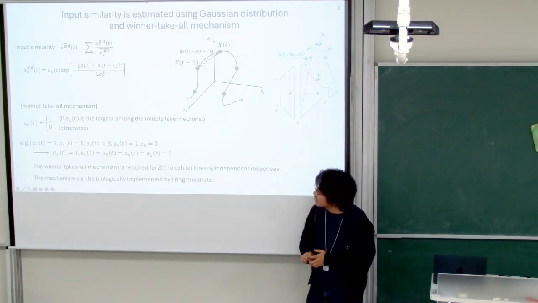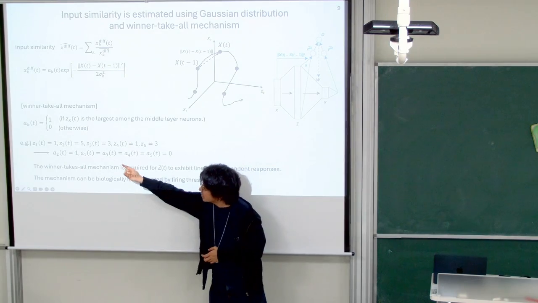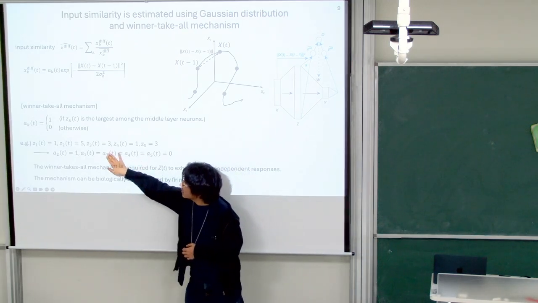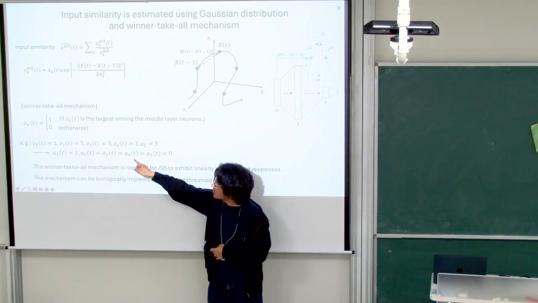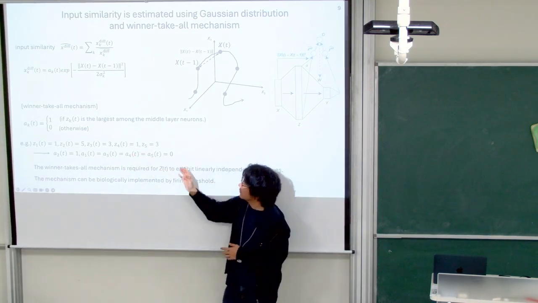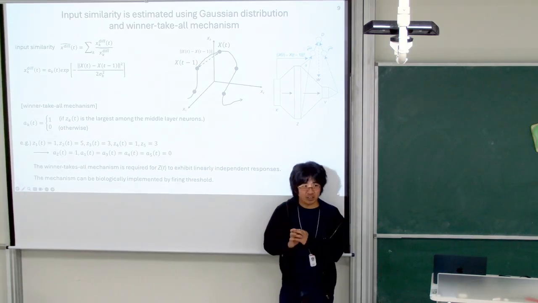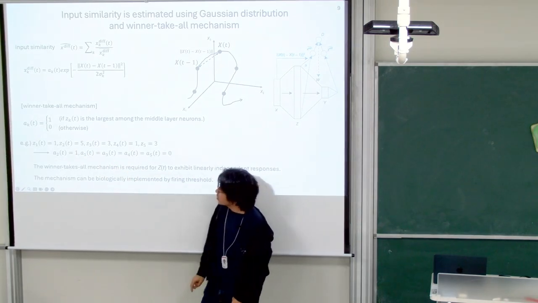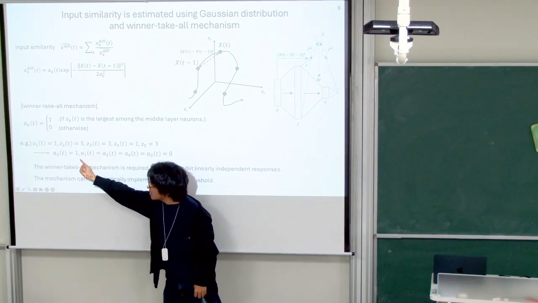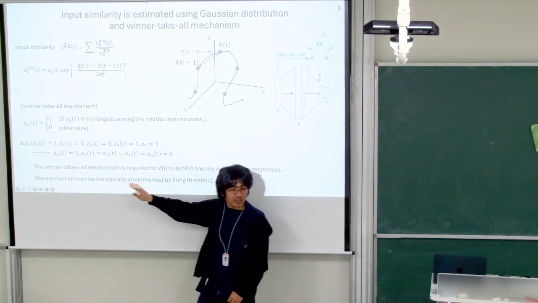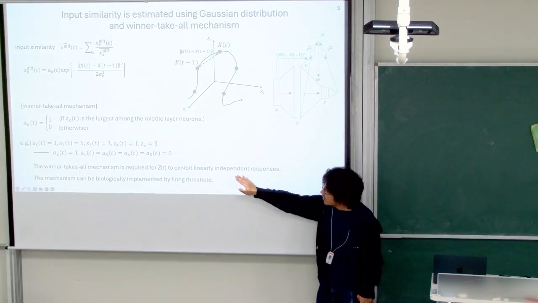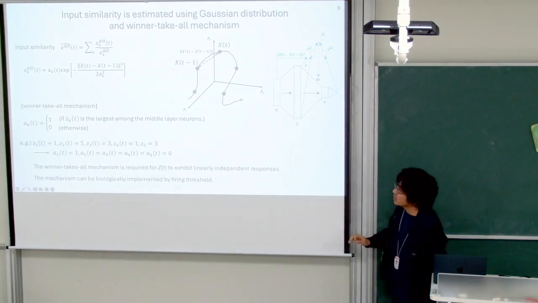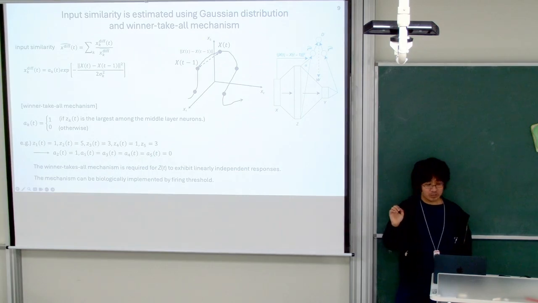So, for example, this 1 is 1, this 2 is 5, this 3 is 3, this 4 is 1, and 5 is 3. The largest value is 5, which is 2. So only this one, 2, is 1, and other A_k become 0. It's called a winner-take-all mechanism.